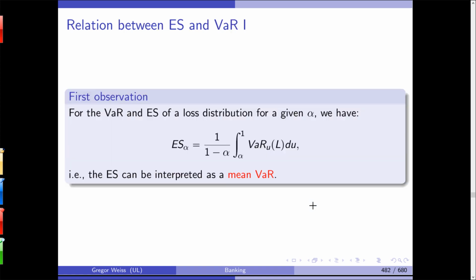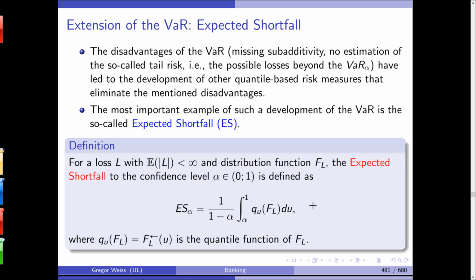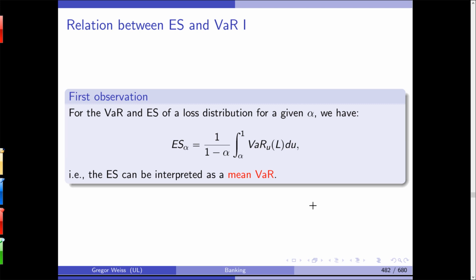First observation is actually, if I take the quantile function and insert the distribution, well, in essence, I have value at risk here in the integral. And if I take the integral, you might remember from your statistics class, or if you have even taken a probability theory class, that for statistical distributions, not just for continuous distributions, but also for discrete ones, this looks pretty much like the expected value.